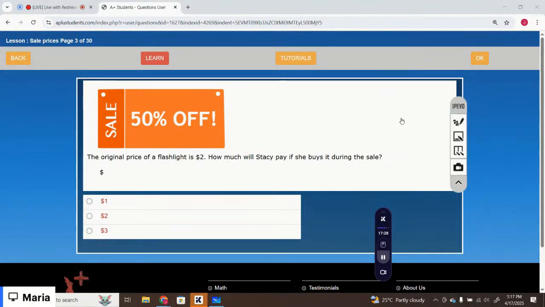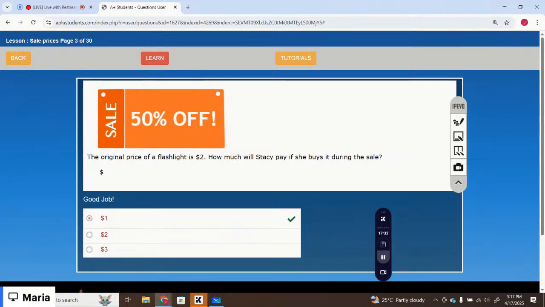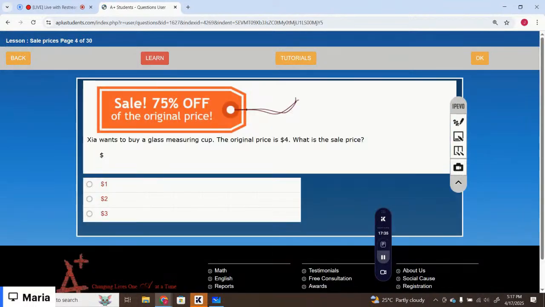Zia wants to buy a glass measuring cup. The original price is $4. What is the sale price if it is on 75% off, right?